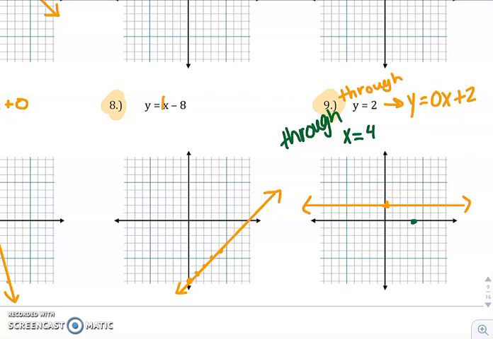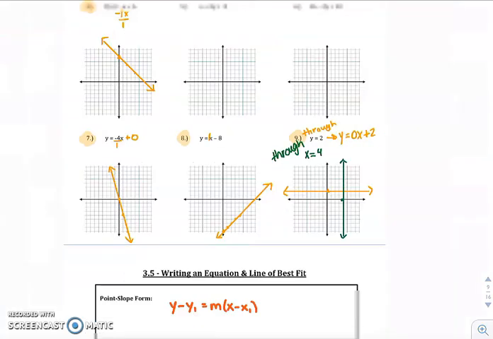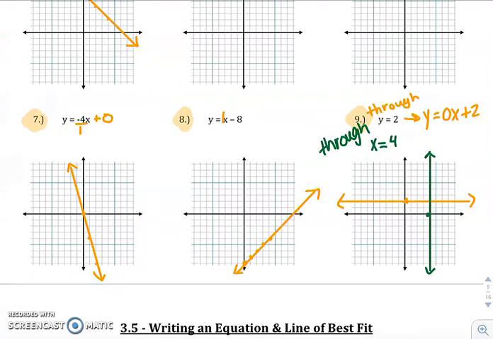So this one would be a vertical line. And the slope would be undefined. So whenever you have just a single variable, x equals or y equals, it's going through that point. So if it's x equals, it's going through that x value on the x-axis. If it's y equals, it's going through that y value on the y-axis.